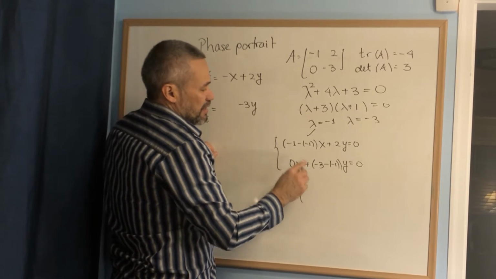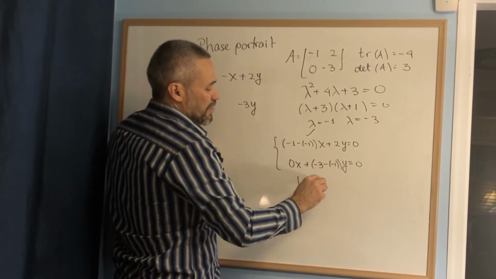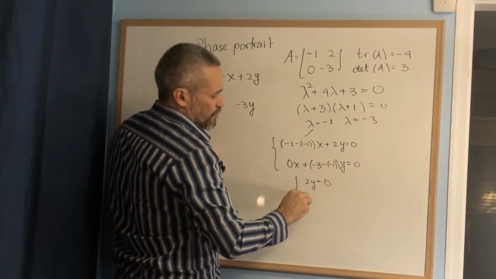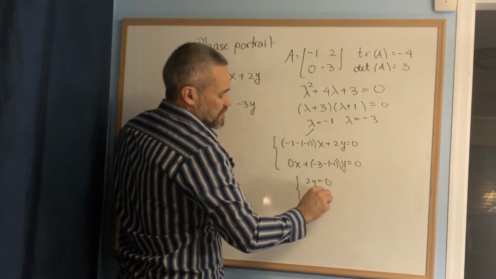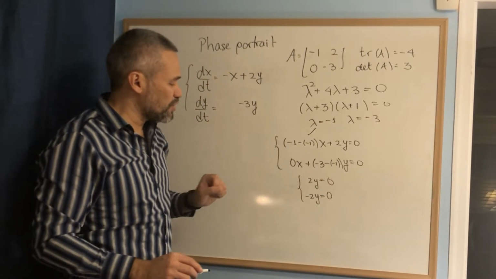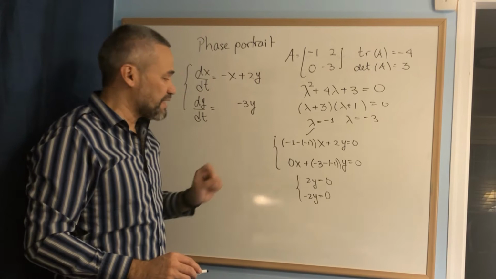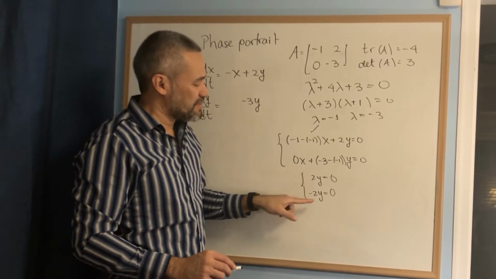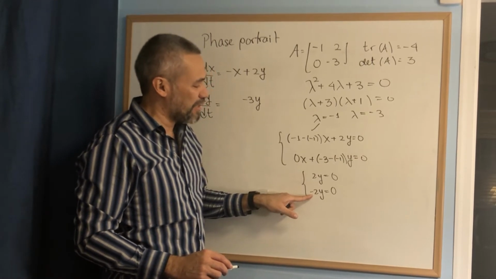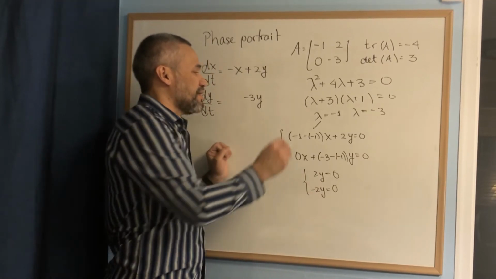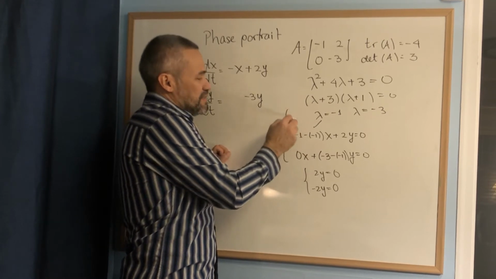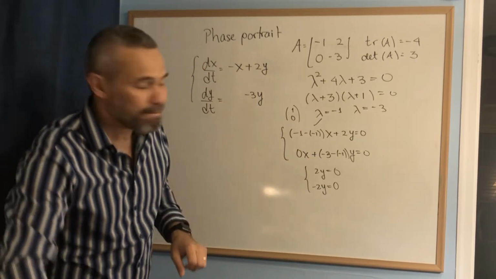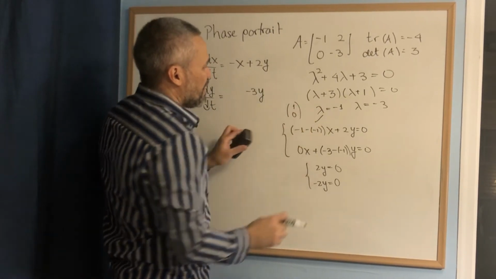In this case we have 2y equals 0, and here we have -2y equals 0. Remember, we have to pick a solution that is different from 0. We cannot pick (0, 0). The first equation is telling us to pick y equals 0, and the second equation is telling us the same, y equals 0. What can we pick? In this case we can pick x equal 1 and y equal 0. We are not allowed to pick (0, 0). This is the direction that goes with lambda equal -1.